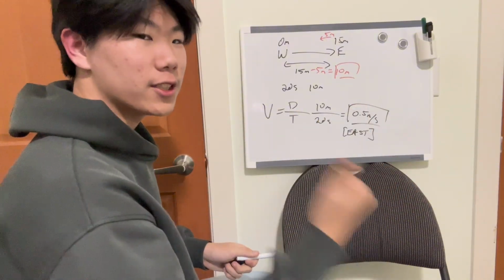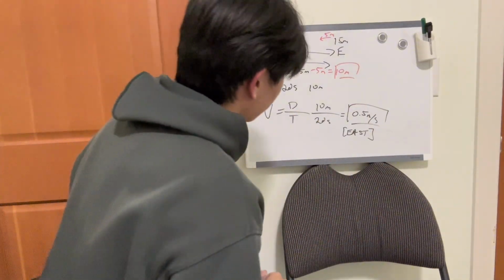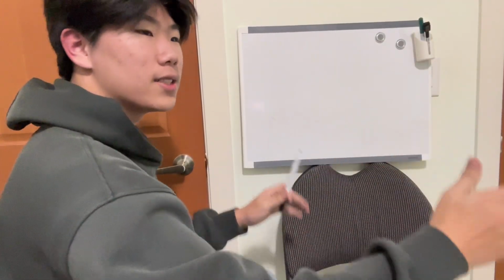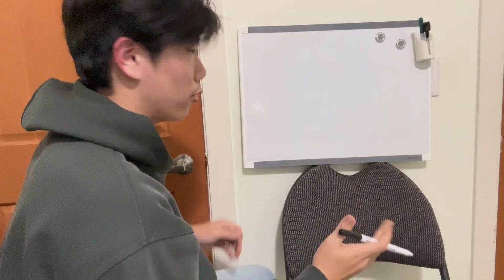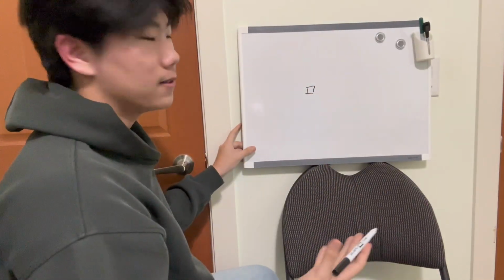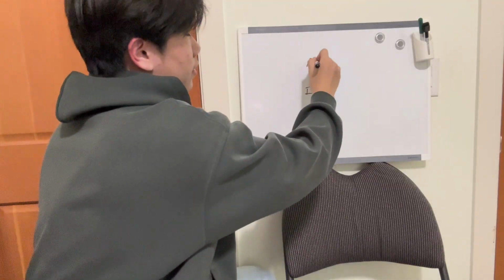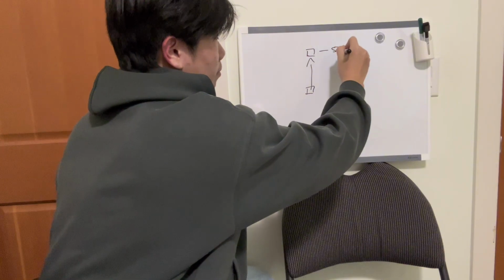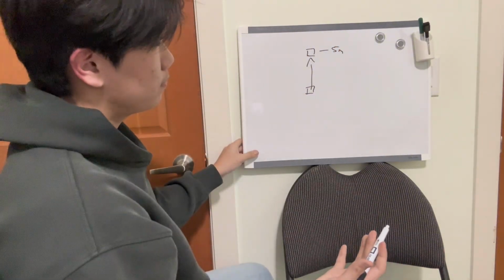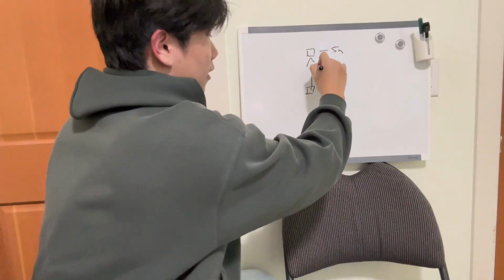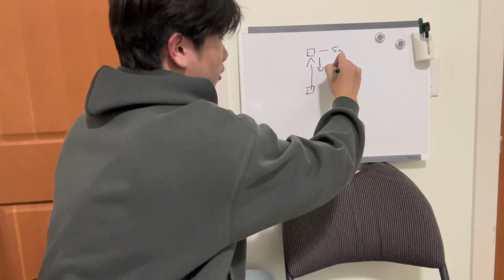Remember, direction and magnitude. Now, what if instead of going left to right or west to east, we go up and down? Let's say I have a box, and I lift it up to here. We'll call that 5 meters. But let's say the box drops and I have to catch it after it fell.